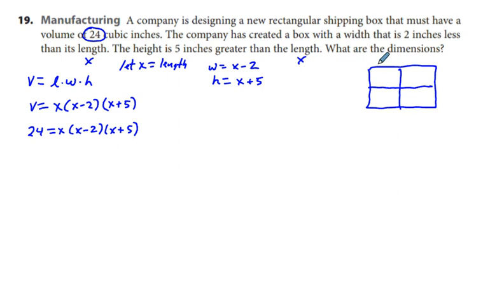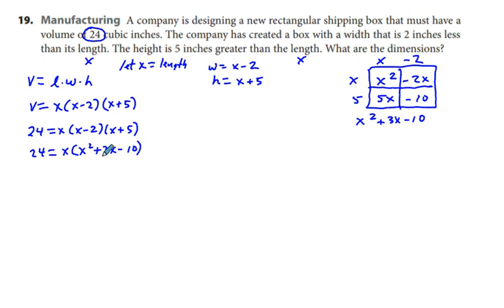We're going to multiply x minus 2 times x plus 5. So you have x squared minus 2x. X times 5 is 5x. And then 5 times negative 2 is negative 10. So we have x squared plus 3x minus 10. And so for this, we're going to have 24 is equal to x times quantity x squared plus 3x minus 10.